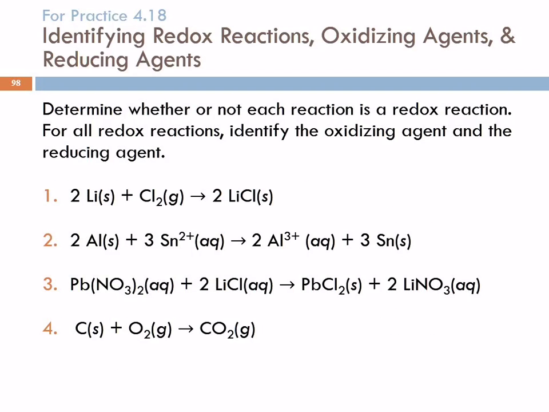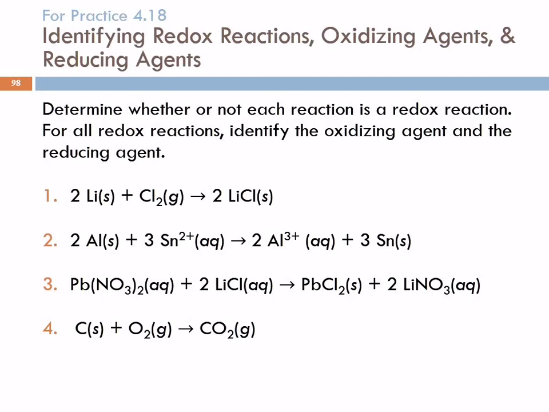Okay, so we're going to practice identifying redox reactions, identifying oxidizing agents and reducing agents. So first thing we have to do is say, is this a redox reaction? And next we need to identify the oxidizing agent and the reducing agent. So if we look at this first reaction, is this a redox reaction? Yes. So how do we know that? Well, we could go through and assign oxidation states.